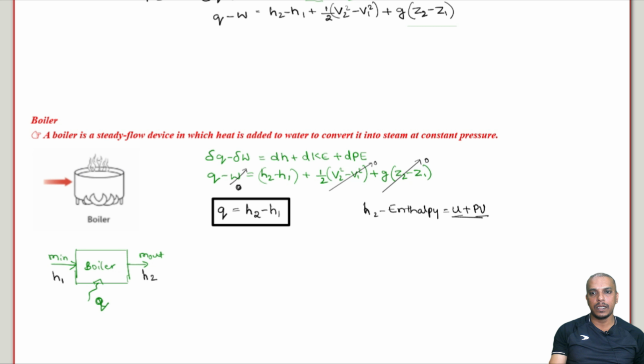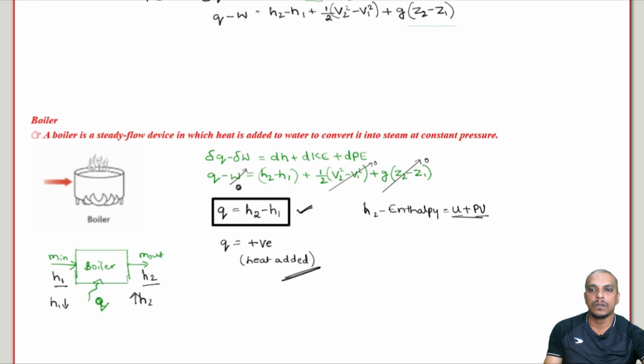So, if you add the heat, H2 will be greater and H1 will be lesser. So, H2 minus H1 will be positive. And we also know Q is positive for heat added. So, that is correct. So, this is the application of SFEE for a boiler.